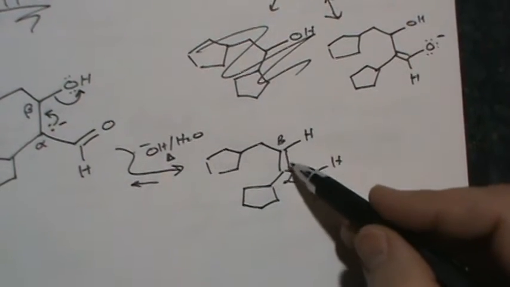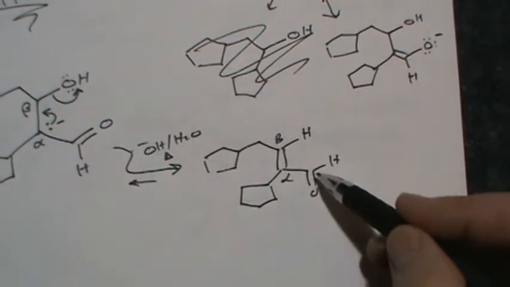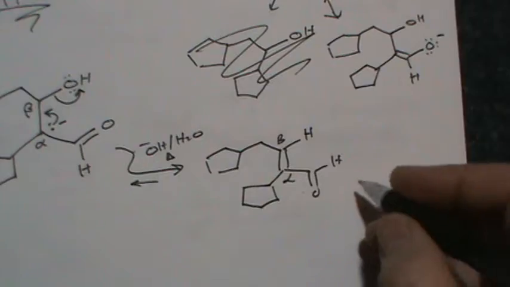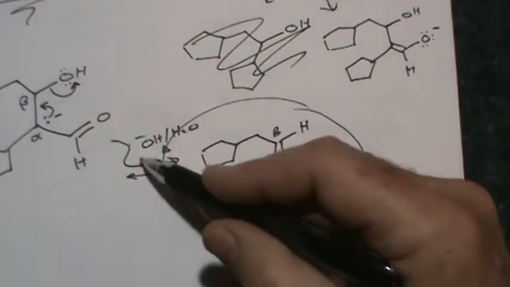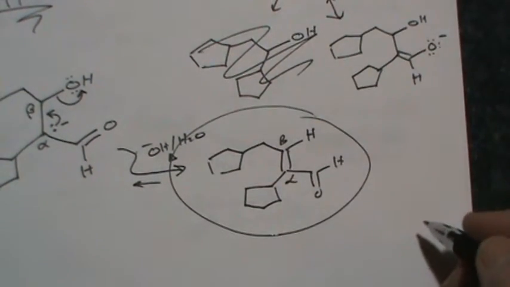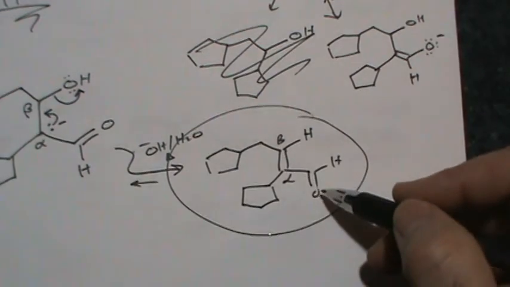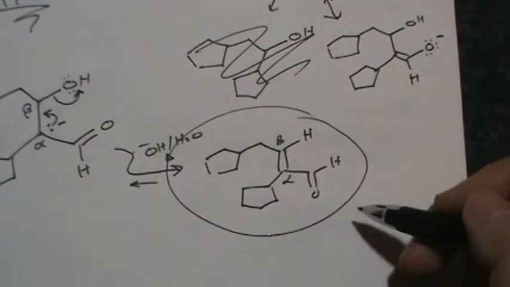This alpha-beta unsaturation allows for a conjugated pi system, and that's why this last step, the E1CB, favors formation of the corresponding product.